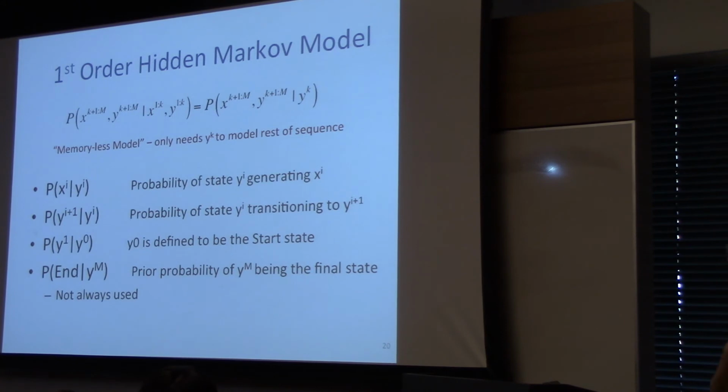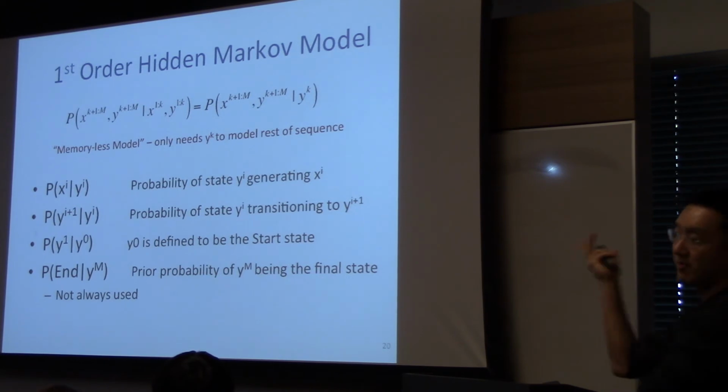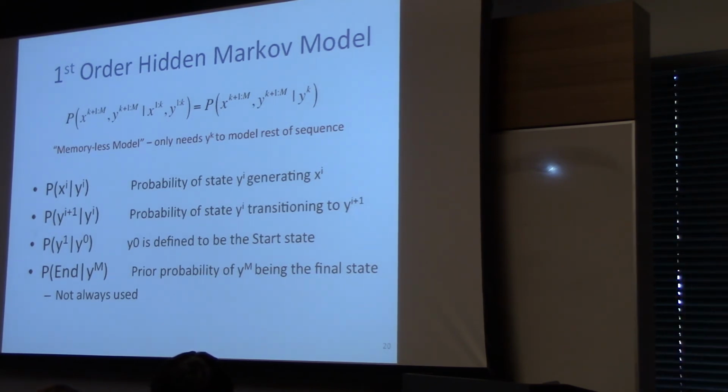Okay, so another property of hidden Markov models is that they're often called a memoryless model. This is also what a memoryless model basically means: if you know the current state, the current part of speech tag, I often refer to that as state, if you condition on it, you don't need to condition on anything else before it.